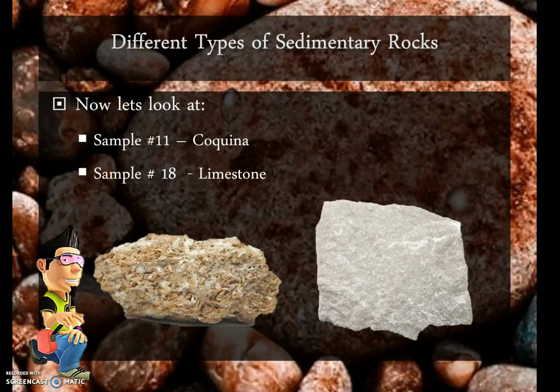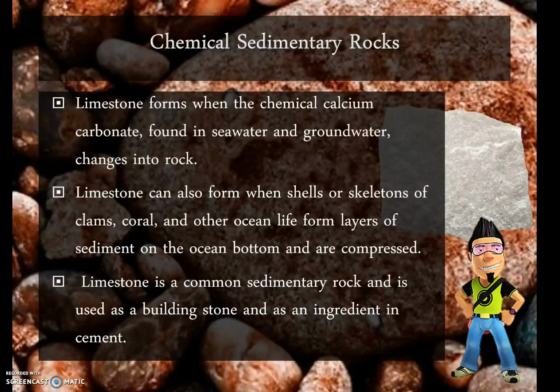So two examples from your rock kit of chemical sedimentary rocks are coquina and limestone, which I mentioned a minute ago. These are formed from a chemical reaction. For example, limestone forms when the chemical calcium carbonate, which can be found in seawater and groundwater, actually changes into rock.